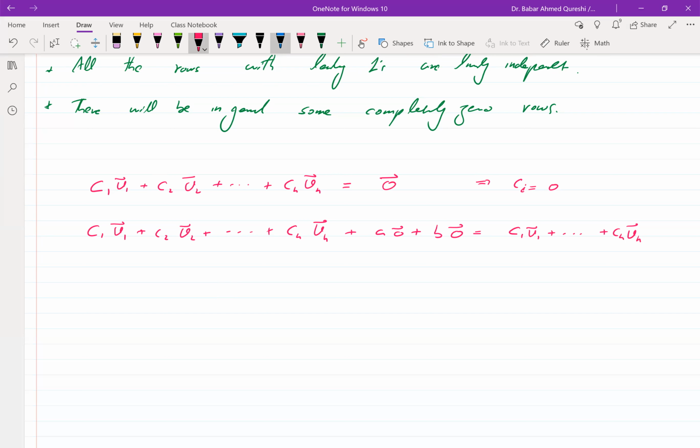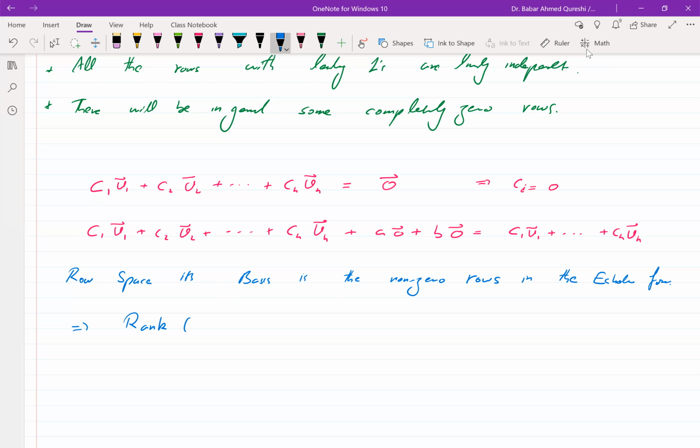So that means that the row space, its basis is the non-zero rows in the row echelon form. So that's the basis. Dimension is just the number of vectors in the basis.